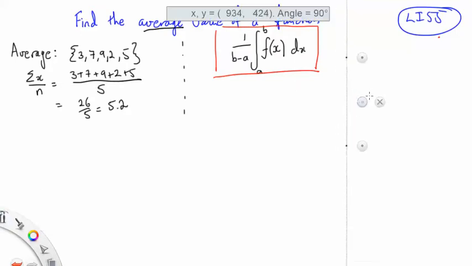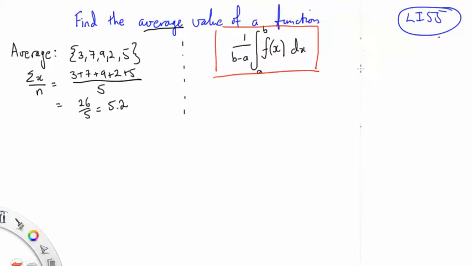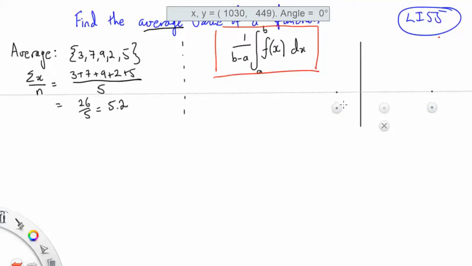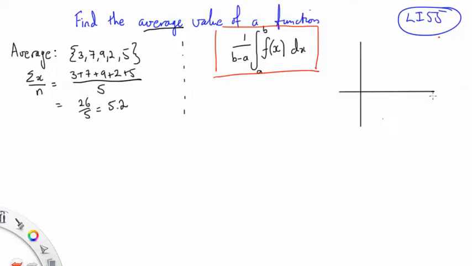So I'll draw you a picture to show what this is kind of finding. The way to think about it is if you have some curve f of x, there's our f of x, and I want to know on average what the value is from here to here, from a to b.